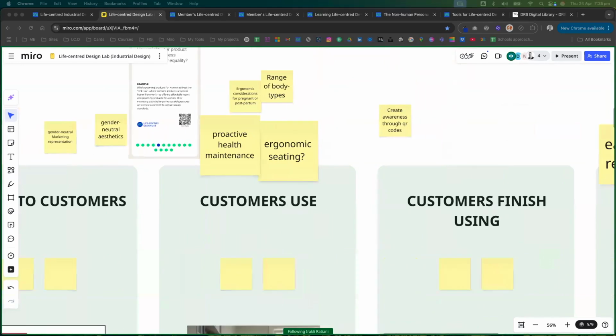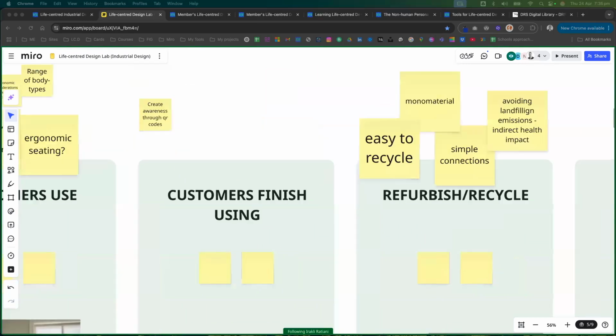During the use phase, probably if you integrate some kind of proactive health maintenance approach, so that this is not just for sitting, but if you sit on this type of chair, it also helps you proactively take care of your back health, for example. If you could integrate that by the shape and form of the design to be more ergonomic and to take care of the health.